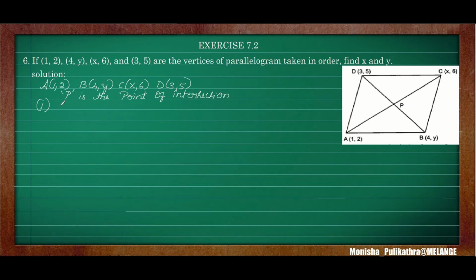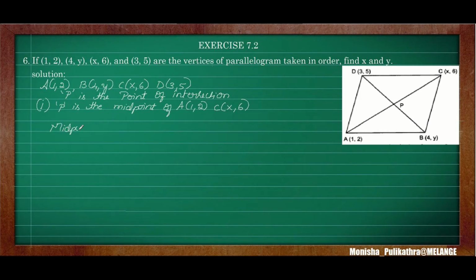So in the first case, P is the midpoint of AC, with A (1, 2) and C (x, 6). Whenever the word midpoint comes, we need to apply the midpoint formula.